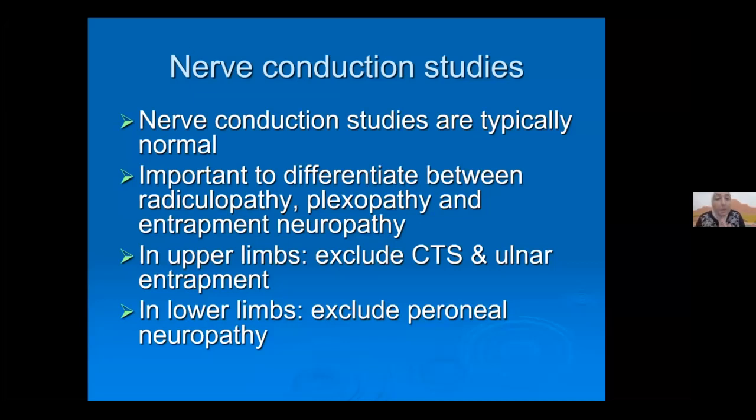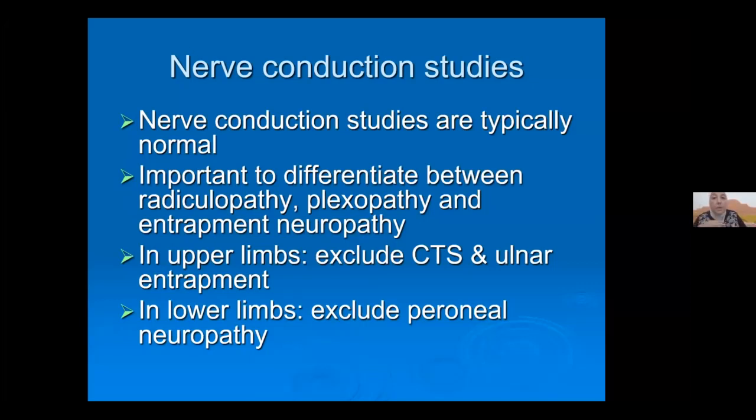Why? Because these conditions typically can mimic radiculopathy, especially if mild. Mild carpal tunnel syndrome or mild ulnar entrapment might mimic the mild or early radiculopathy, and the same applies to peroneal neuropathy.